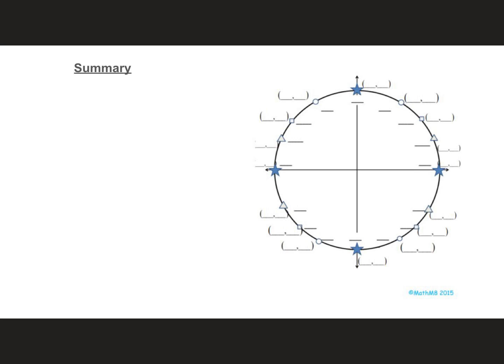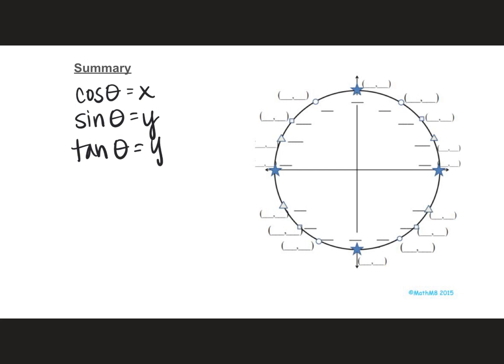So now what we could say is, in summary, cosine of any angle is going to be the x-coordinate. Sine of an angle is going to be the y-coordinate. Tangent of the angle is going to be y over x.